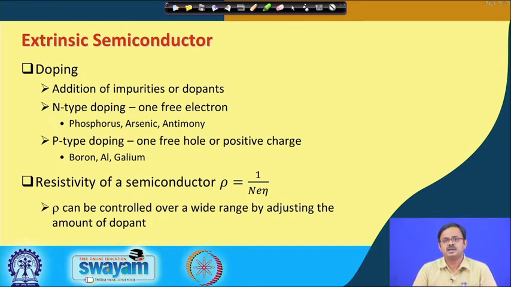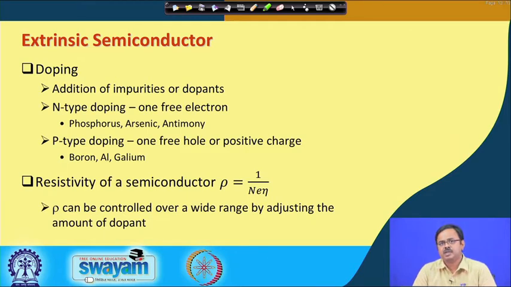What is an N-type semiconductor? It is a semiconductor which has been doped by elements which have free electrons. Similarly, we can also dope the silicon with group 3 elements where you have one free hole or positive charge.